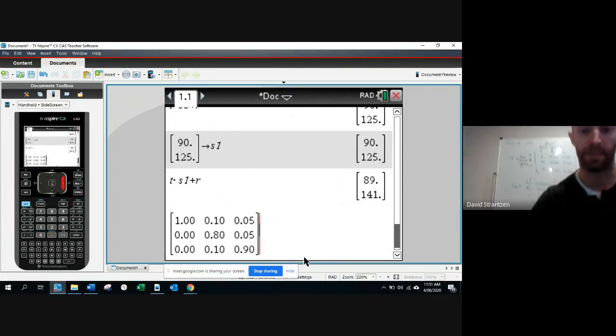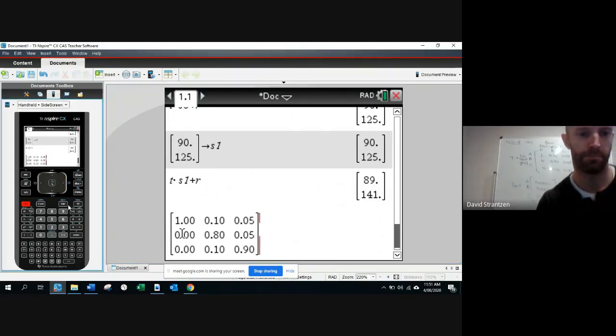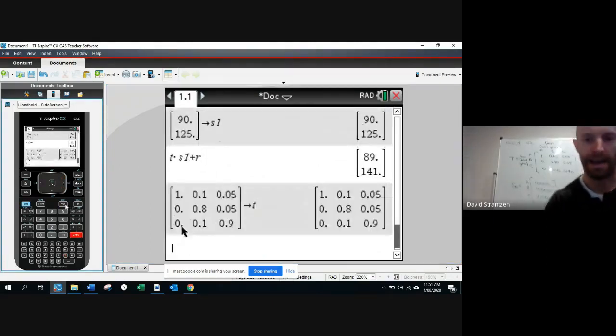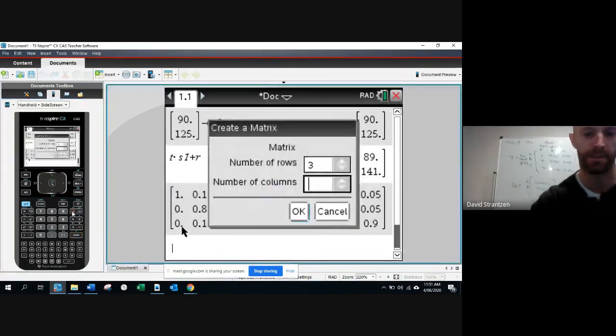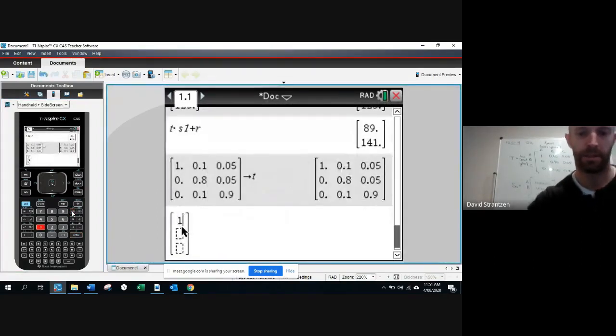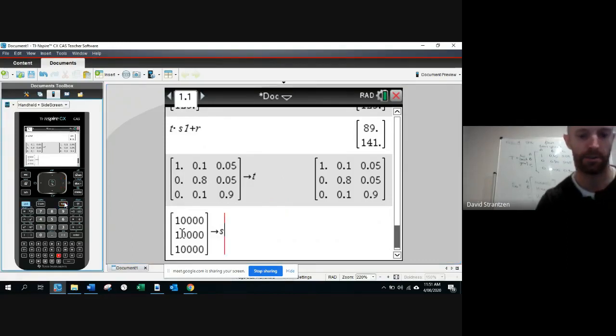I'm going to store that as matrix T. And initially we had 10,000 birds at each site, so this is going to be a 3x1 matrix this time. 10,000, 10,000, 10,000. Store that as matrix S0.